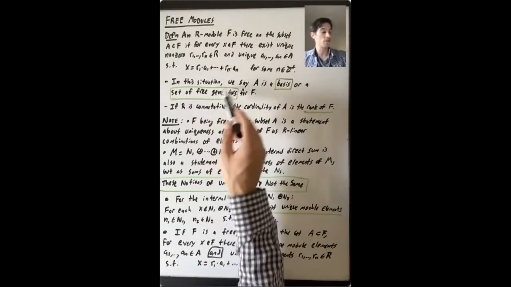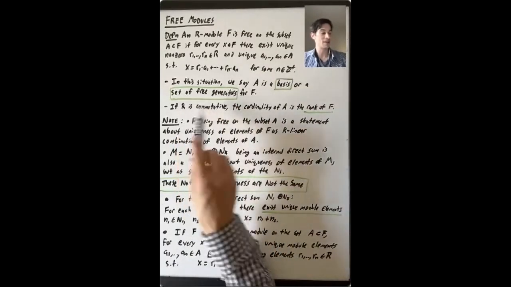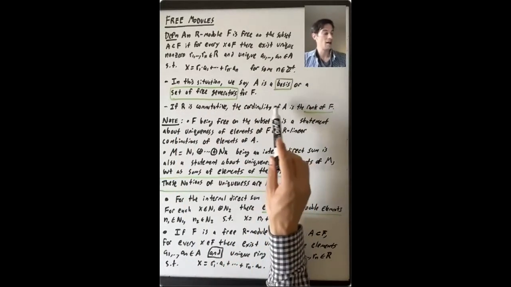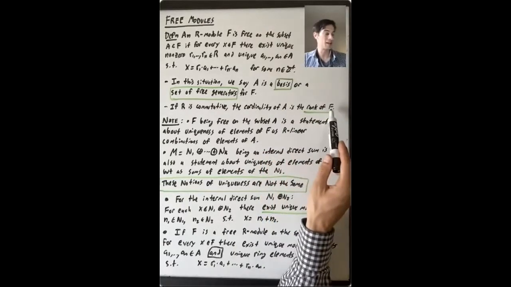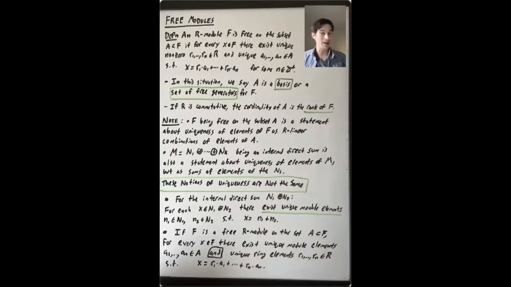But if you have a set of free generators, in the case that R is commutative, and the cardinality of that set of free generators is defined to be the rank of F, it would be weird if you had one set of free generators of size 5 and one set of free generators of size 9. So that actually doesn't happen. And that's something that I'll talk about a little bit at the beginning of the next lecture.